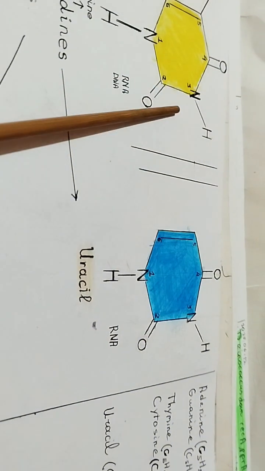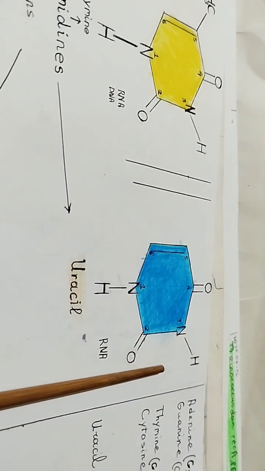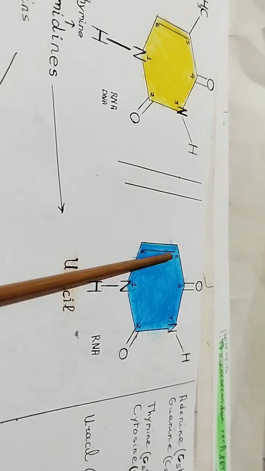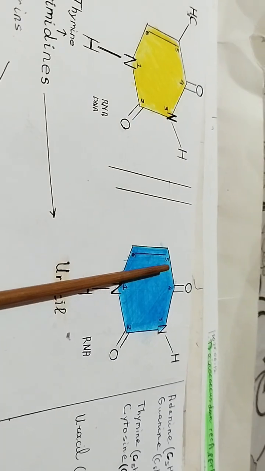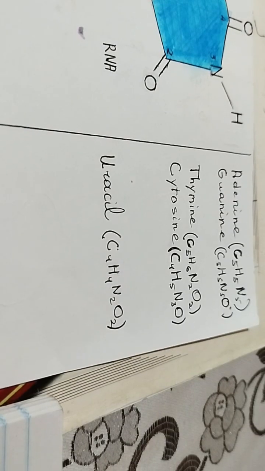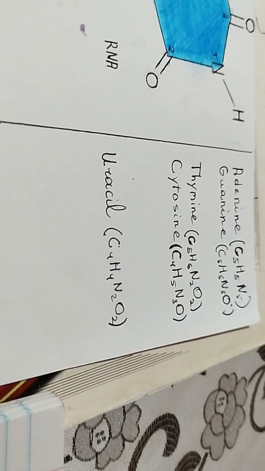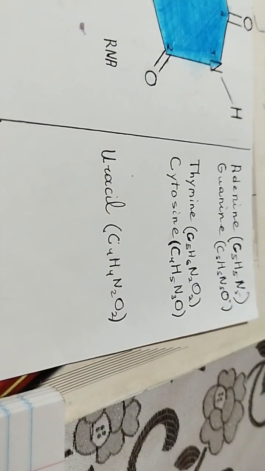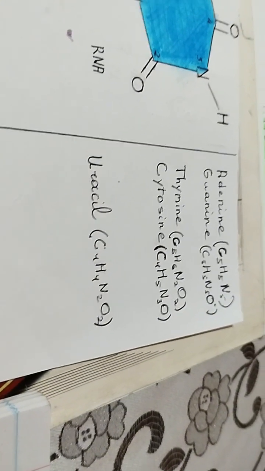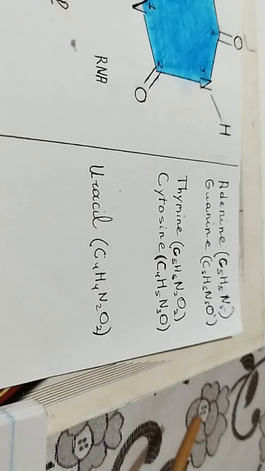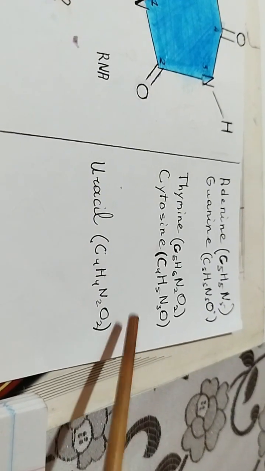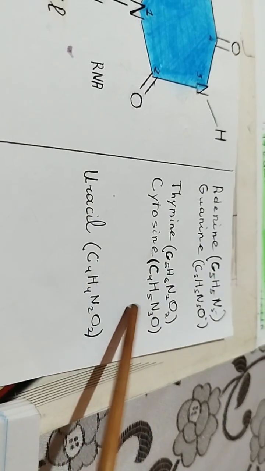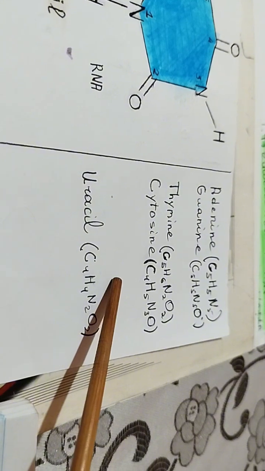It seems like thymine, but it doesn't have a methyl group on the fifth carbon. If you look at the thymine and cytosine chemical structures, you can see thymine has more oxygen than cytosine, but it doesn't have more nitrogen than cytosine.